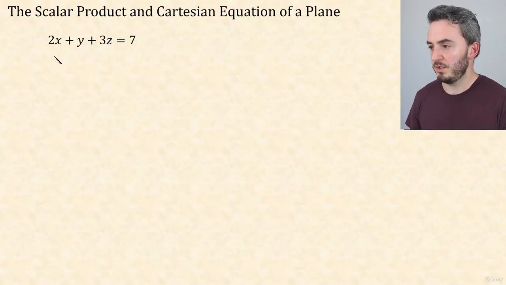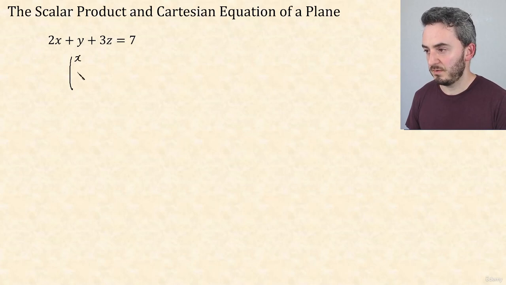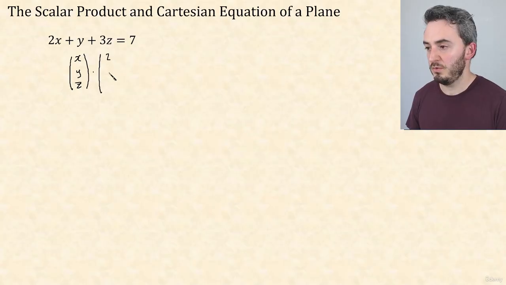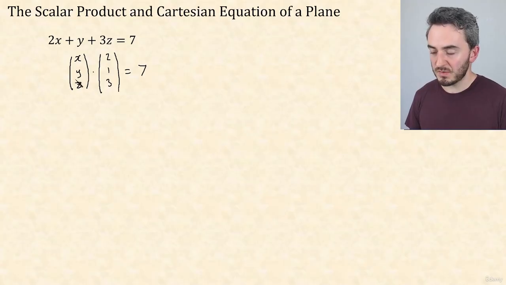But notice that you could rewrite this as x, y, z dotted with 2, 1, 3. Because that is x times 2, 2x, y times 1, and z times 3, added up, and it equals 7. Now, x, y, z is just an arbitrary point, so we can just call that r.